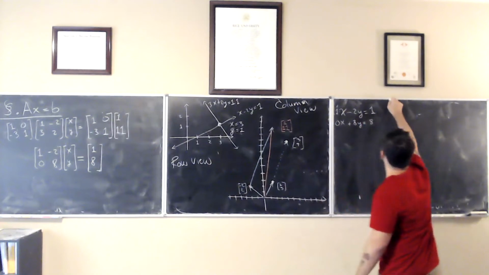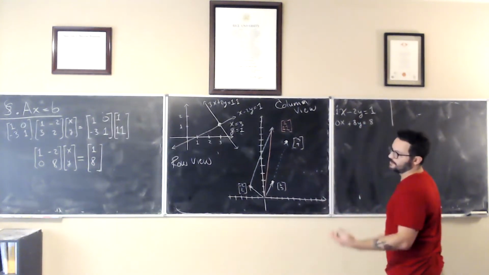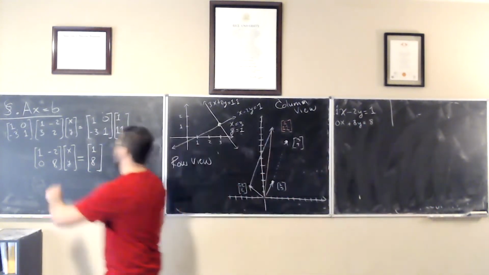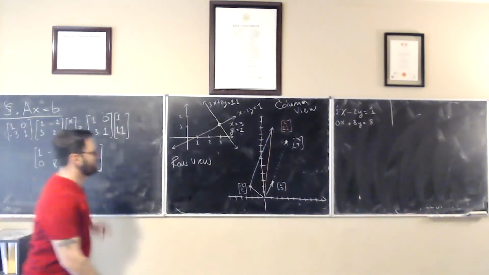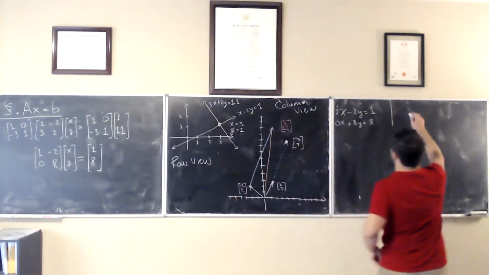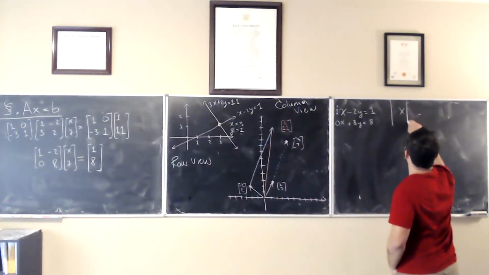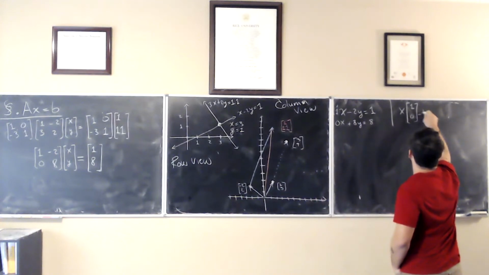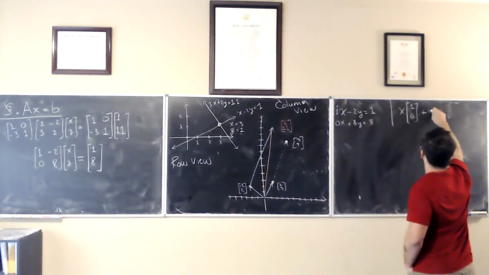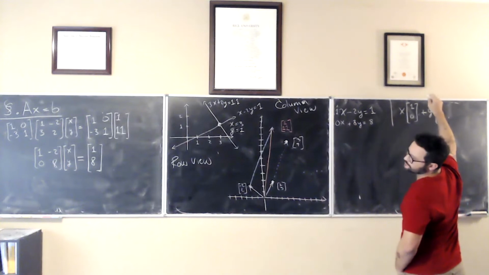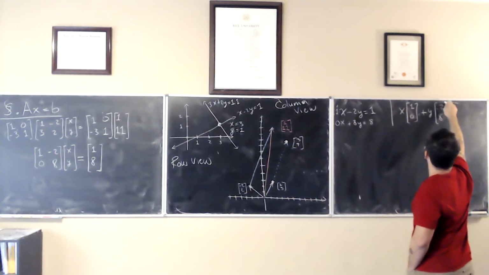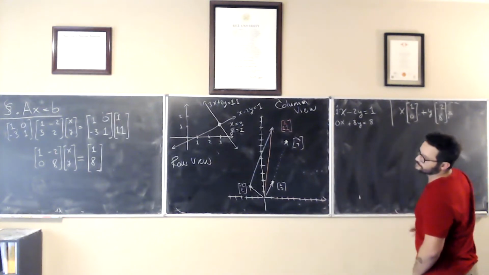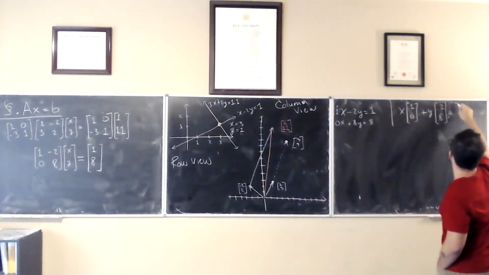So that's the row picture. And the column picture is x times this column plus y times that column is equal to that column. So x times (1, 0) plus y times (-2, 8) is equal to (1, 8).